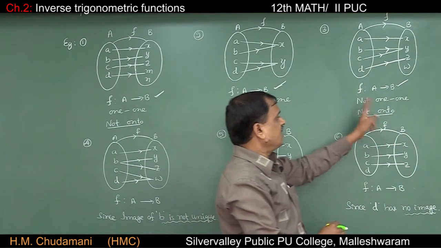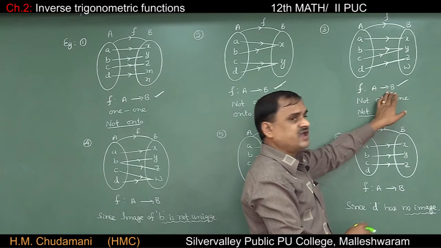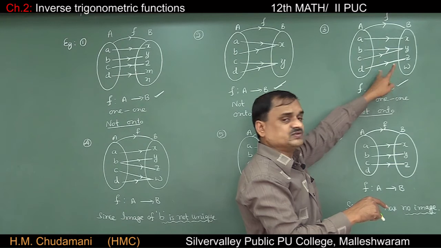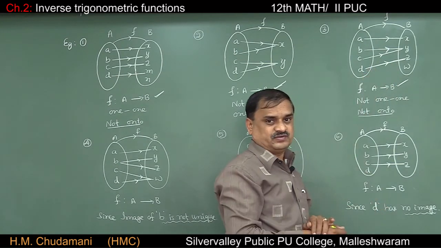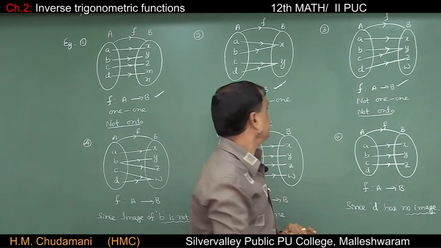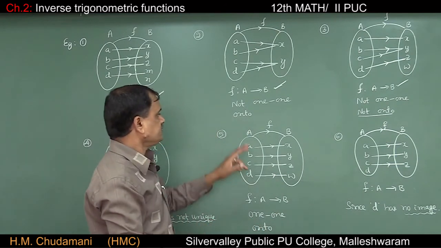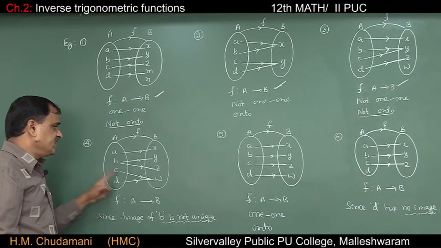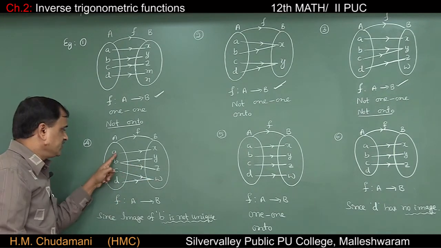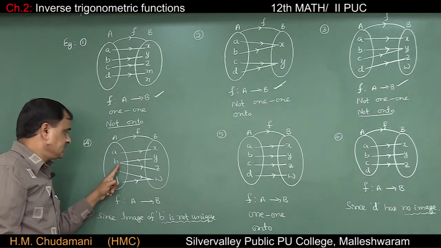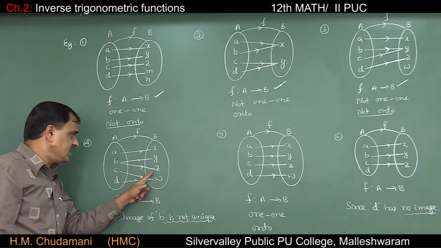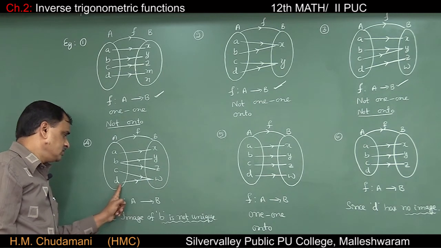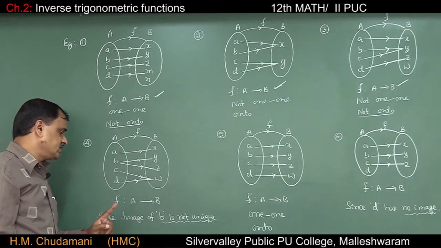Okay. So not onto means f from A to B is a function, but f inverse from B to A is not a function. Okay, so come to the fourth one: a, b, c, d and x, y, z, w. a is associated to x, b is associated to y and z, c is associated to w, d is associated to w.